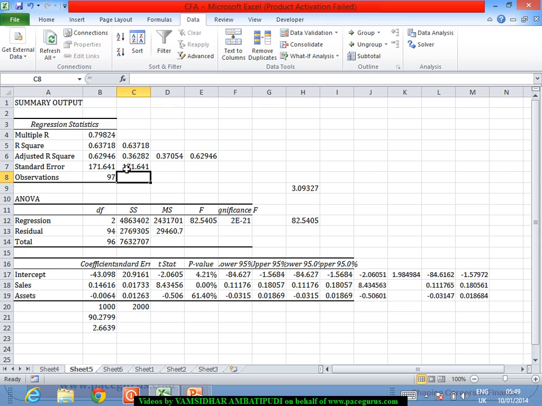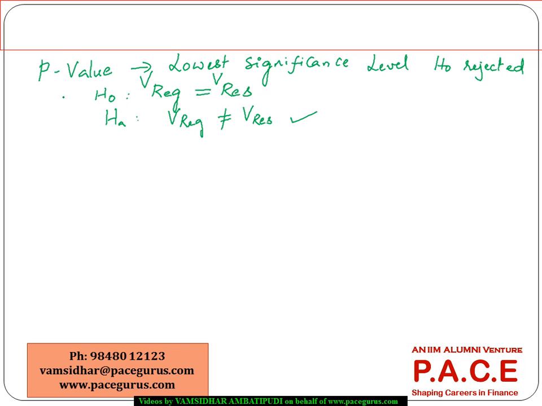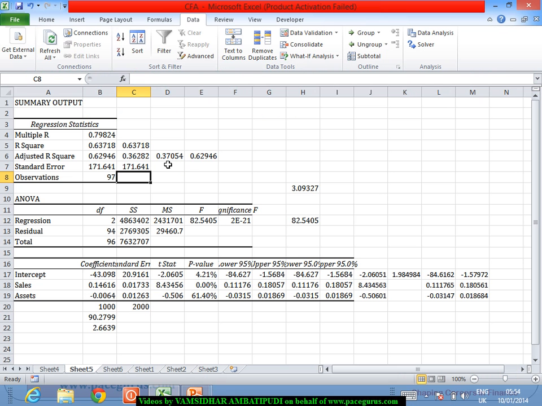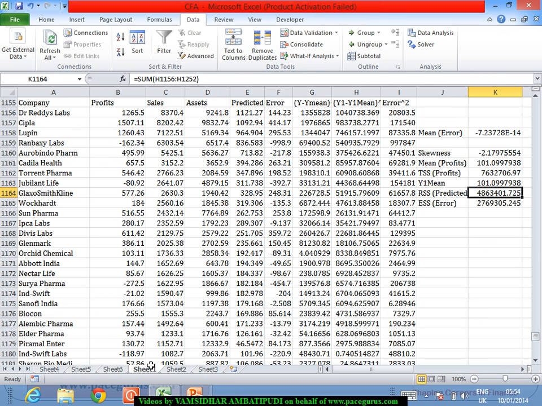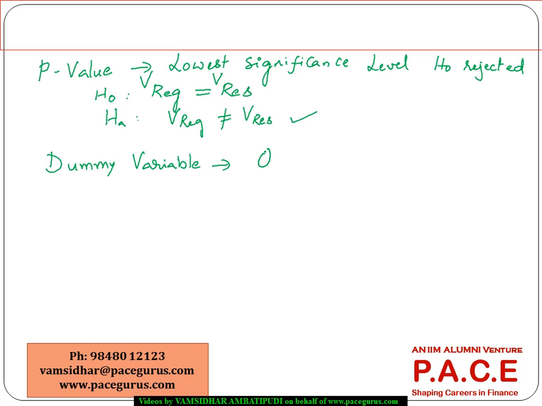Now the next thing I would like to look at in this context is the concept of dummy variables. Especially if we look at the data which we have analyzed till now, profit, sales, assets, these are all quantitative data, right?